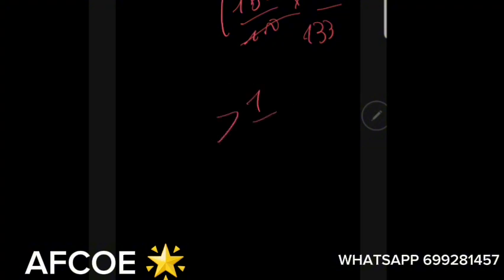This simply becomes sine inverse of 150 over 133, which is greater than 1, and the sine inverse of that will give you an error. Have you seen? The sine inverse of a number greater than 1 shows you an error in your calculator.